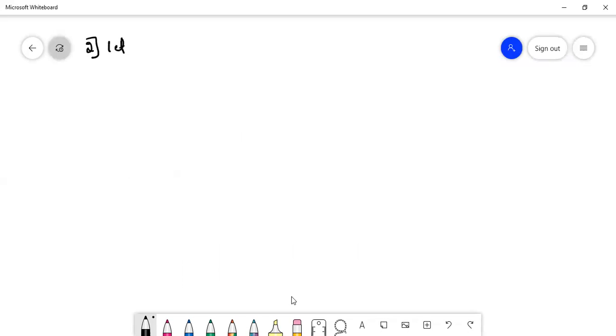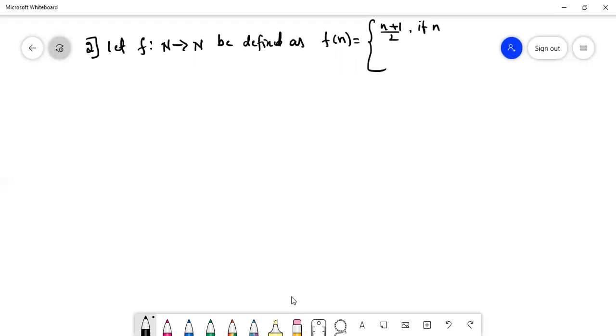Let f from N to N, natural number to natural number, be defined as f of n is equal to (n plus 1) by 2 if n is odd.